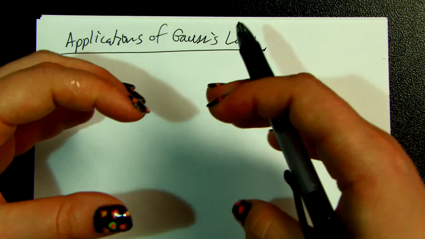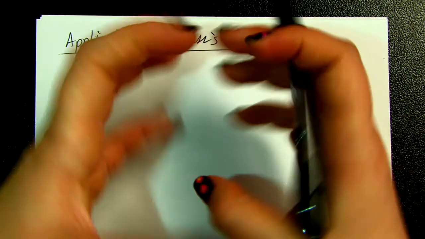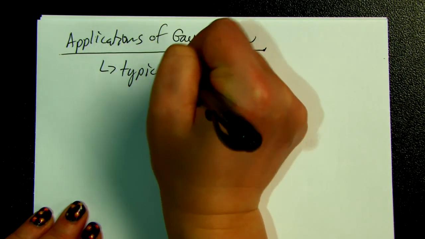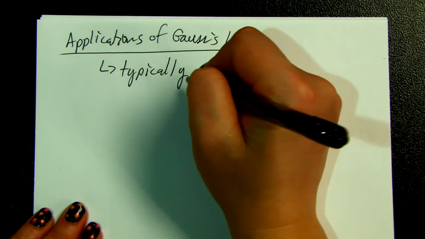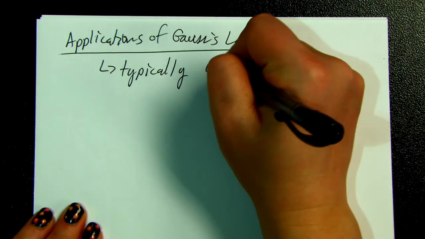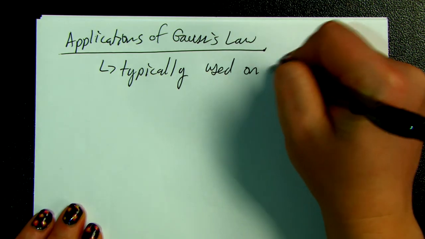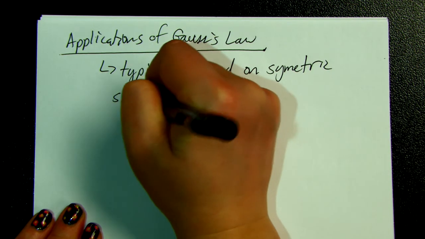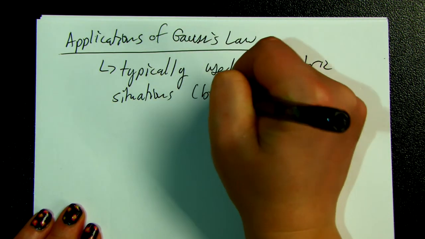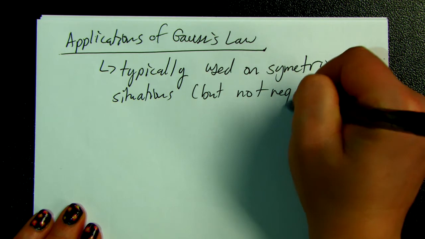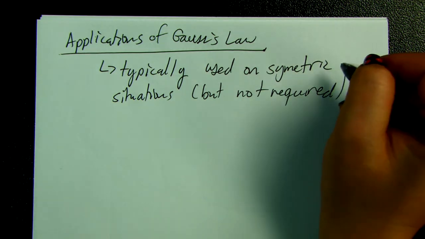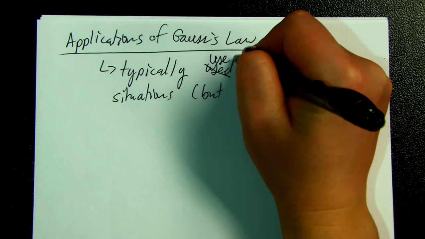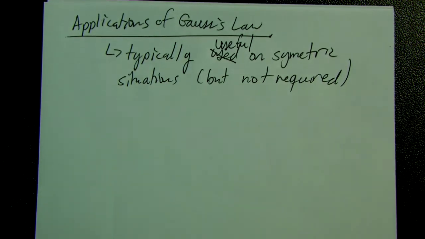So typically when you're setting up your Gaussian surface, you're going to look for a symmetrical surface. It does not have to be symmetrical, it's just easier if it's symmetrical. It's very useful if it's symmetric, very easy to set up.